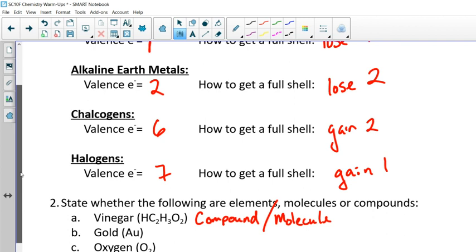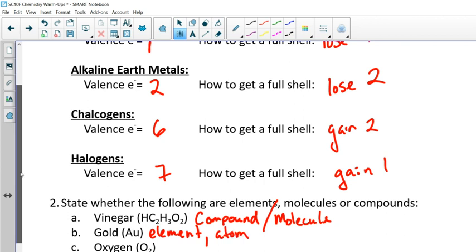What about this? It's an element. If you can find gold, Au, on the periodic table, it's an element. But how many atoms are there? 1. Because it's just one thing, it's an atom.